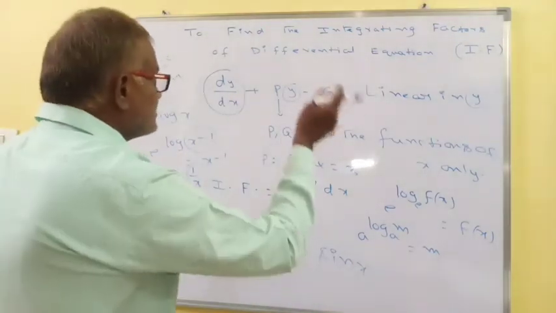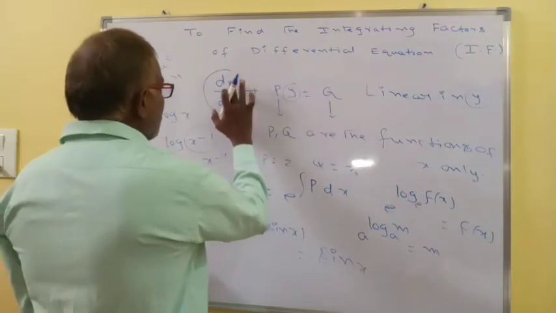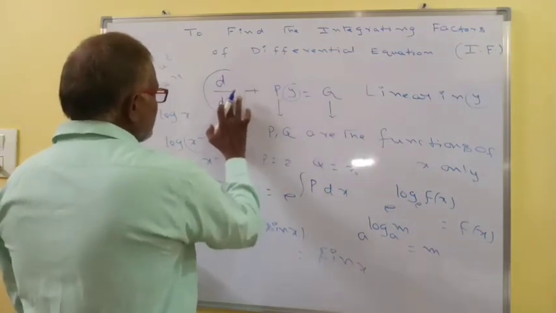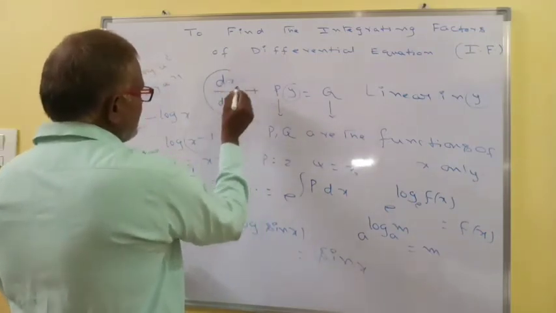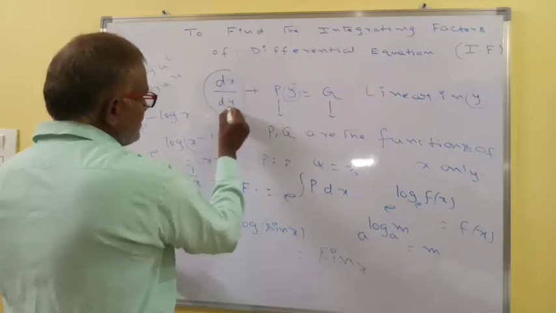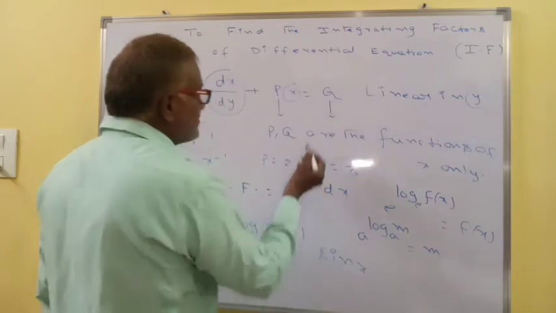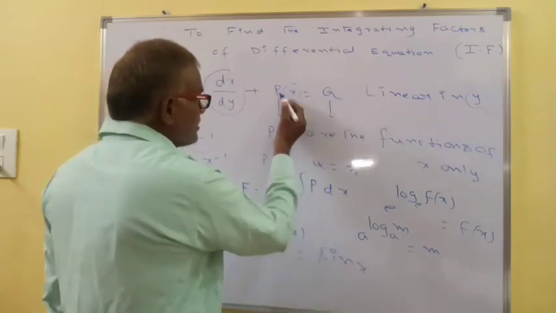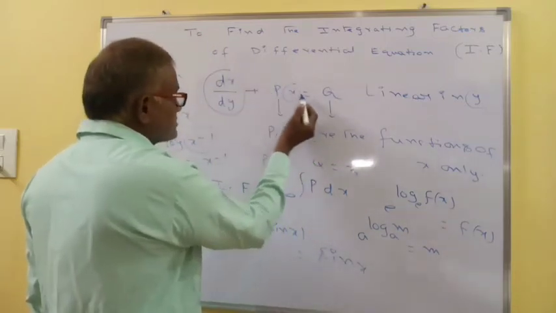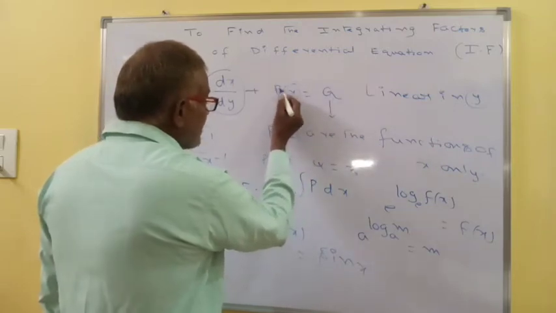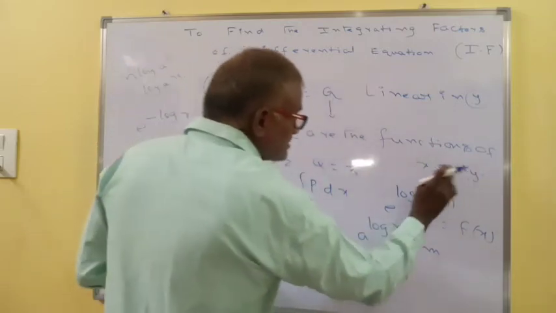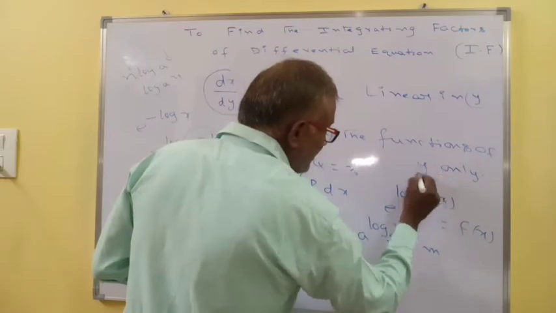Sometimes the equation may have the form dx by dy plus px is equal to q. In this case p and q are functions of y only.